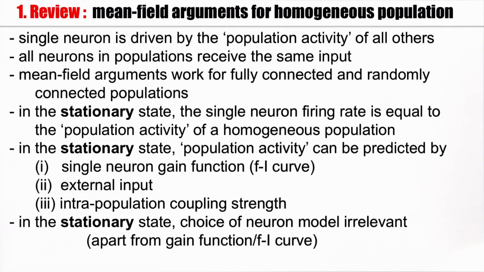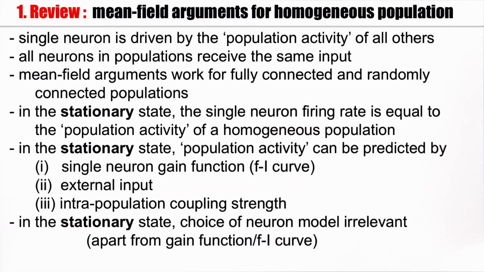So what we have seen last week is that a single neuron embedded in a homogeneous population is driven by the population activity of all the other neurons in that population. Importantly, all neurons in a homogeneous population receive the same input, and these mean field arguments work for fully connected and randomly connected populations.